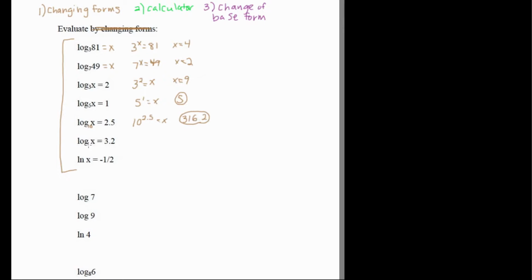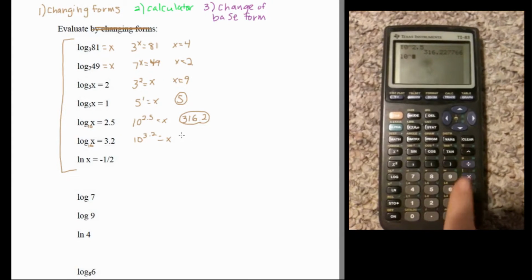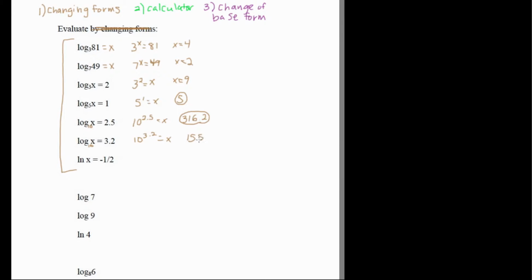Okay, same thing here. When there's nothing there, you assume a base of 10. So when we change forms, we get 10 to the 3.2 power equals x. Put that into your calculator, and you get x is equal to about 1585.